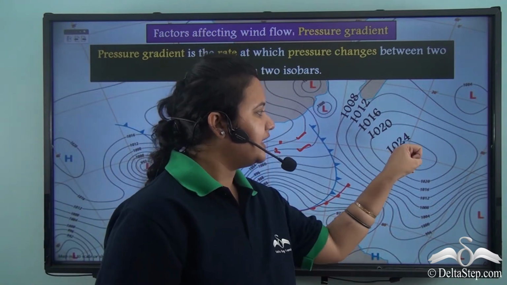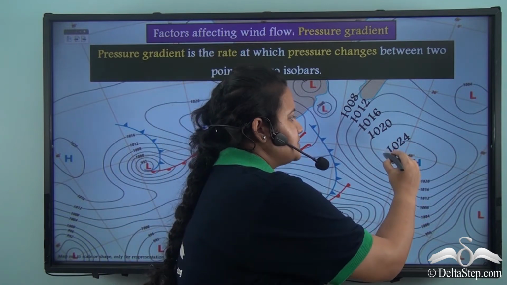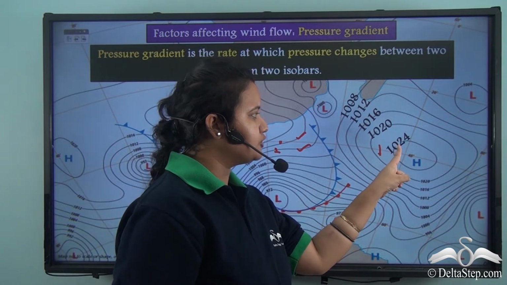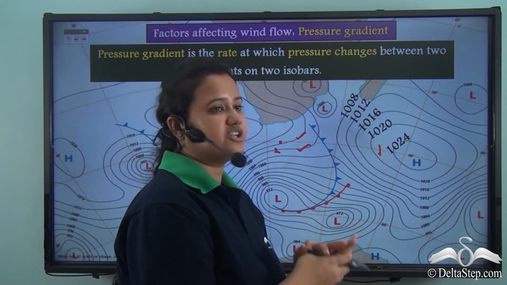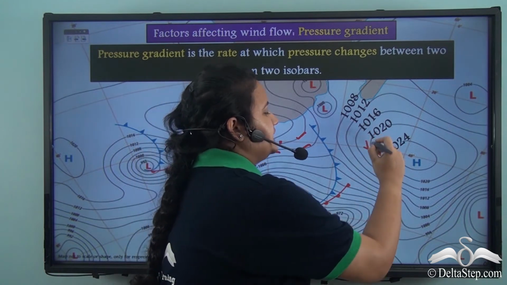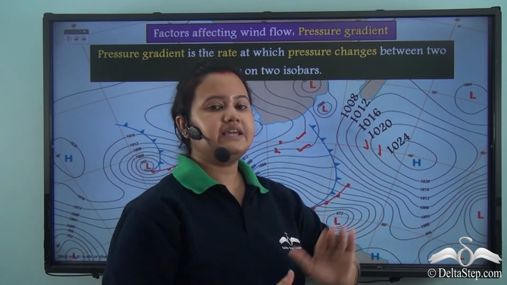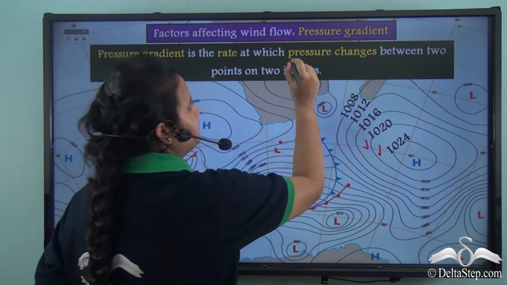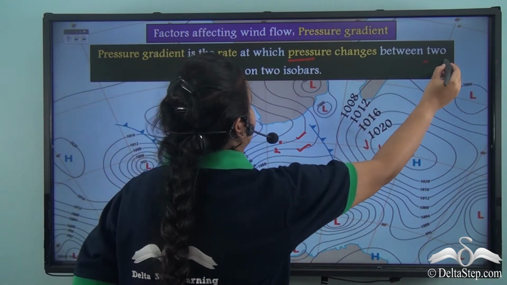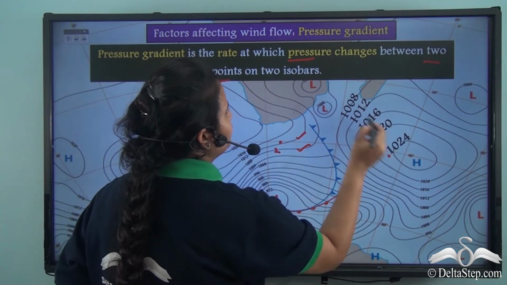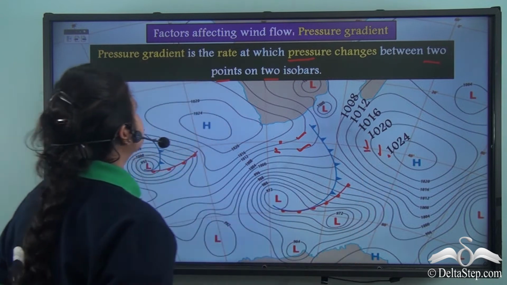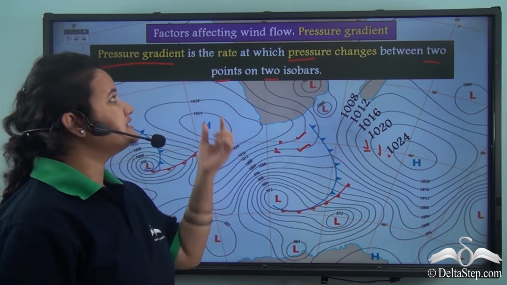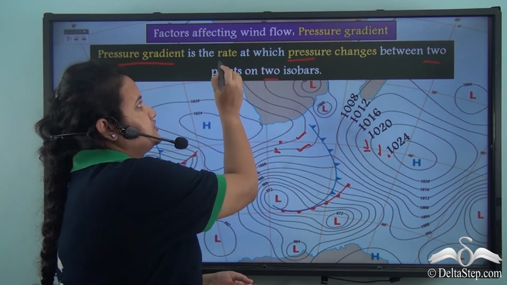See, here the atmospheric pressure is 1024 MB, but as we move from this isobar to this one, the air pressure decreases and it decreases to 1020 MB. So, this rate of change in air pressure between 2 points on two different isobars is known as pressure gradient. So, pressure gradient is the rate at which pressure changes.